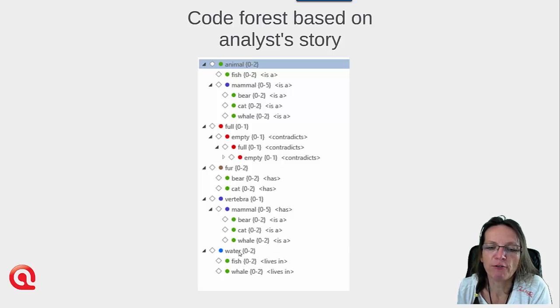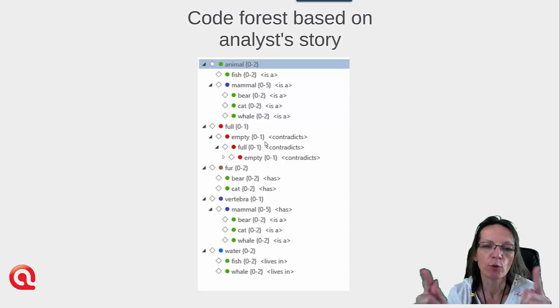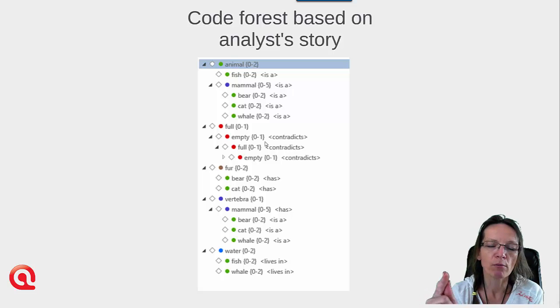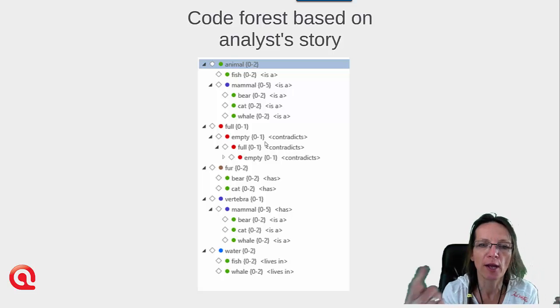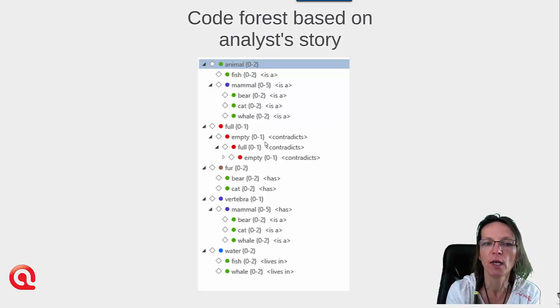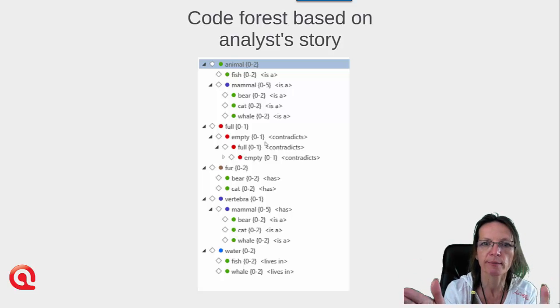And the fish lives in water, but water doesn't live in fish, so we cannot use a transitive relation here either. The red one here is a symmetric relation, and with a symmetric relation things refer to each other. So full is an antonym of empty, and empty is an antonym of full. So we use "contradicts" as a symmetric relation, and they refer to each other.